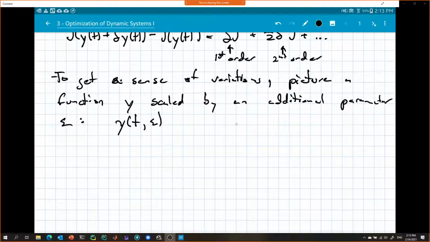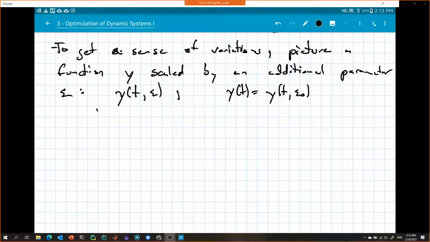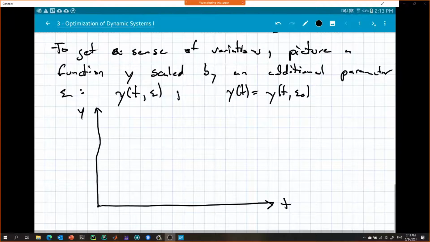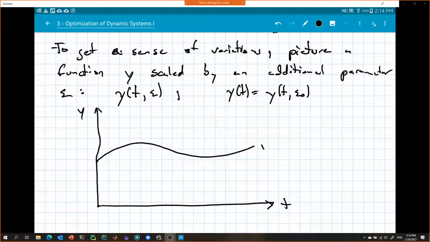And y of t is equal to y of t, epsilon naught. So we have t here and y here. This could be our y.